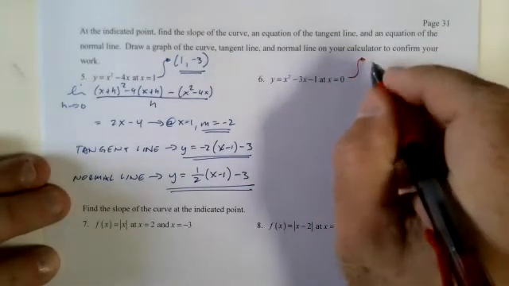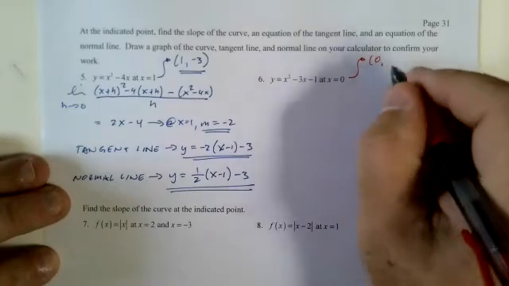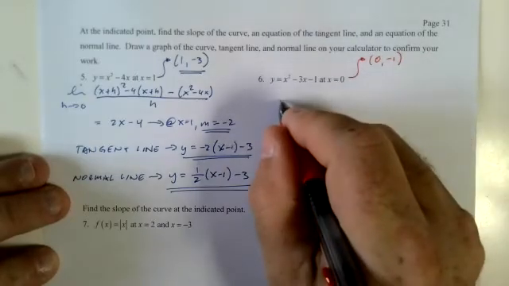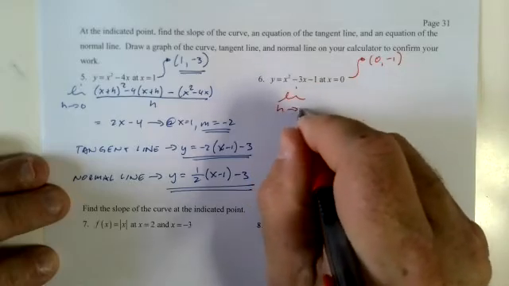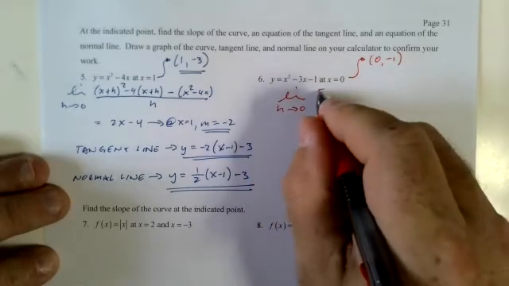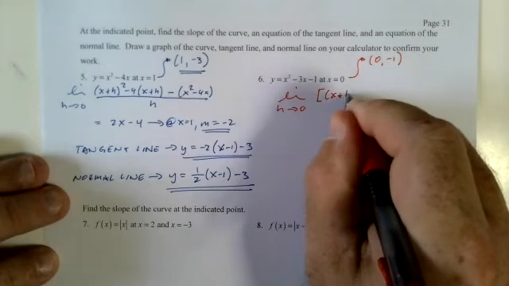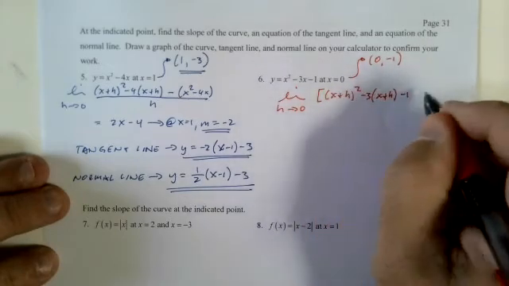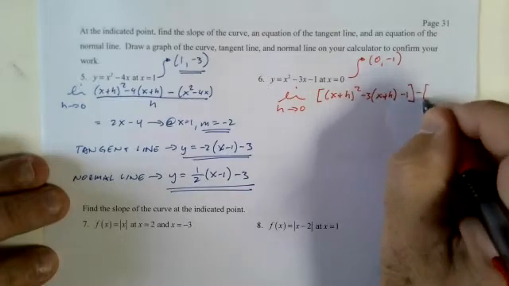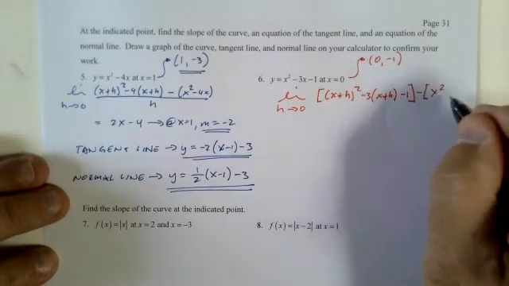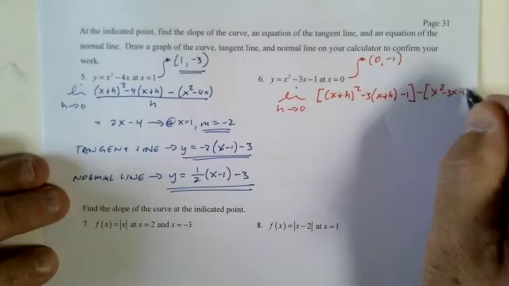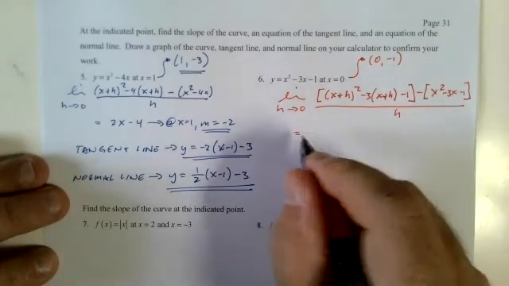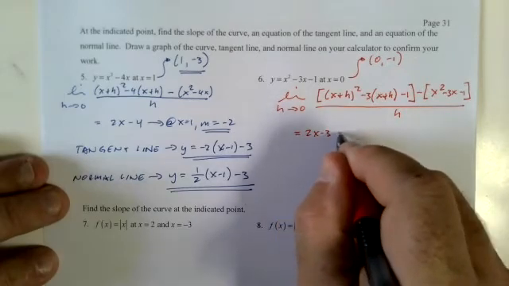What's our point? Plug in 0, get out negative 1. Limit as h approaches 0 over h equals 2x minus 3.